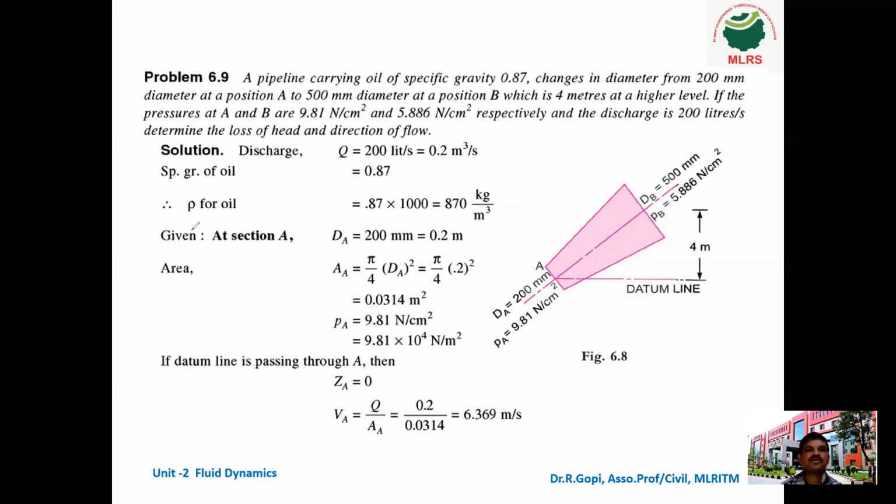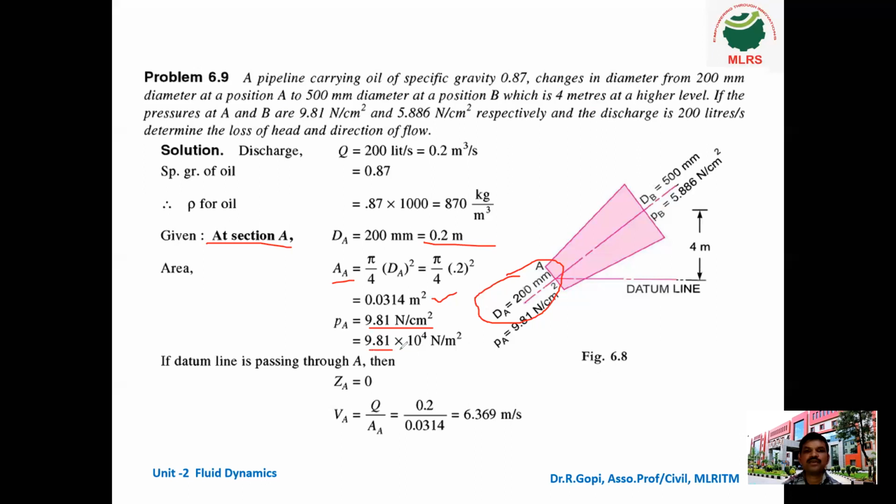Now we will check at section 1. DA means the diameter at point A. It is 200 mm or 0.2 meter. So the area is pi by 4 into 0.2 square, which is 0.0314 meter square. Next, PA, the pressure at point A, is 9.81 Newton per centimeter square. Here they have given it in terms of centimeter square. We have to convert it in terms of Newton per meter square.